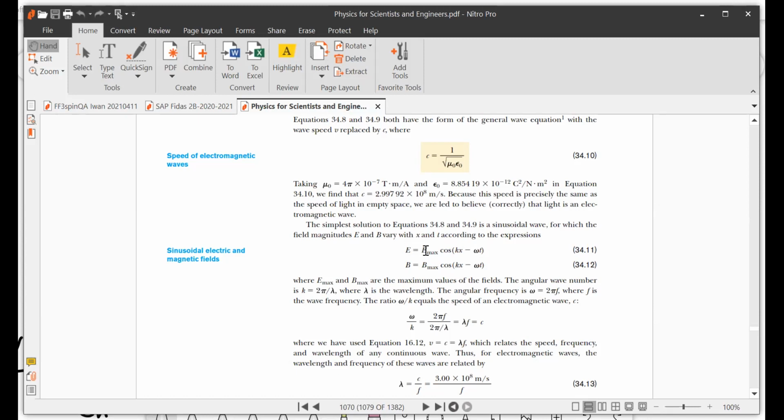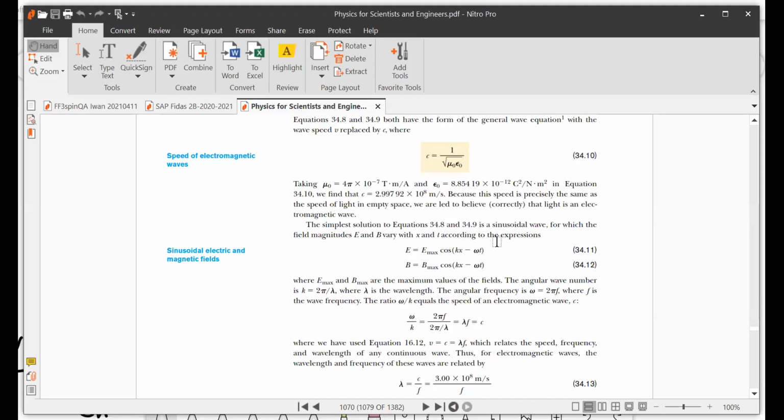If you choose E to be the cosine function, for example E equals E max cos(kx minus omega t), then B also has the same function, also cos(kx minus omega t).